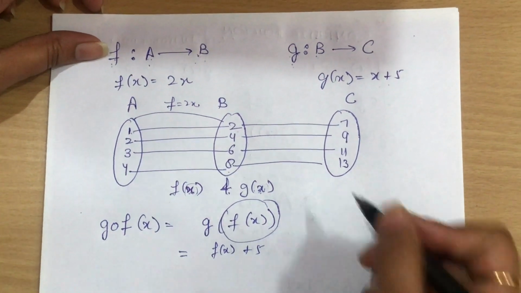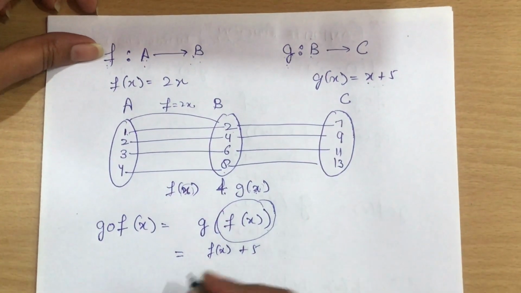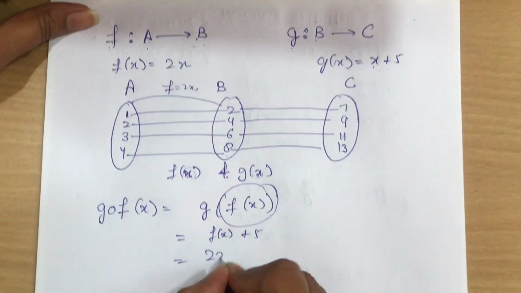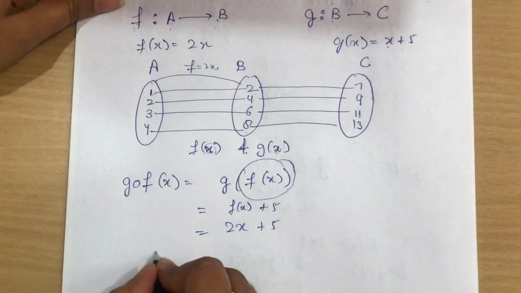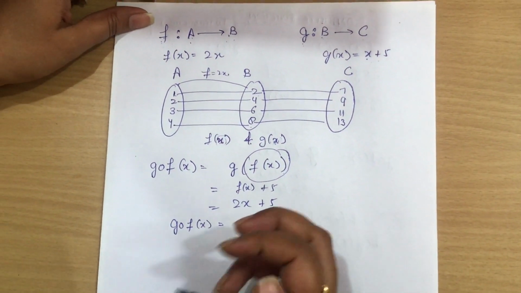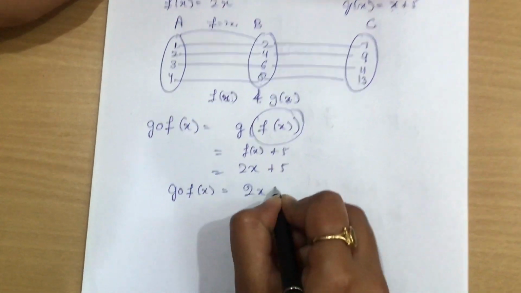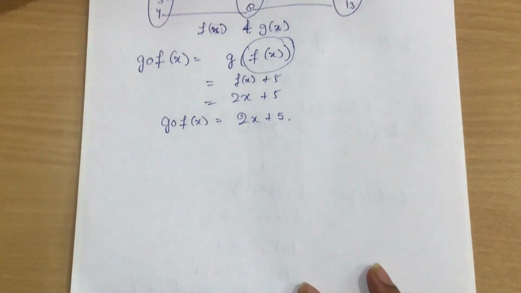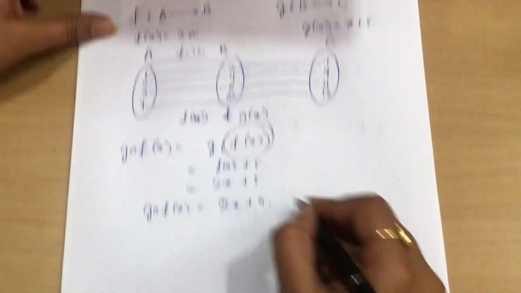You just have to replace your x by f of x, and your f of x is 2x plus 5. So you will get a new composite function defined by 2x plus 5. Okay, so this is a composition.